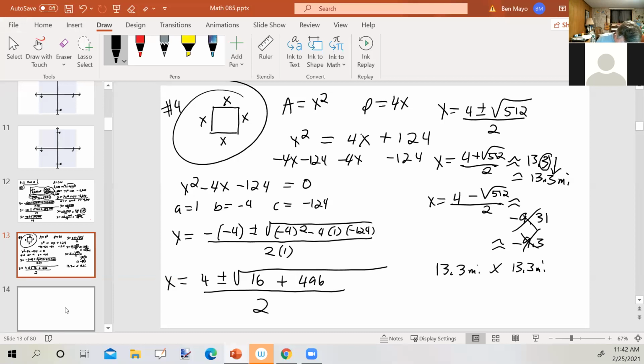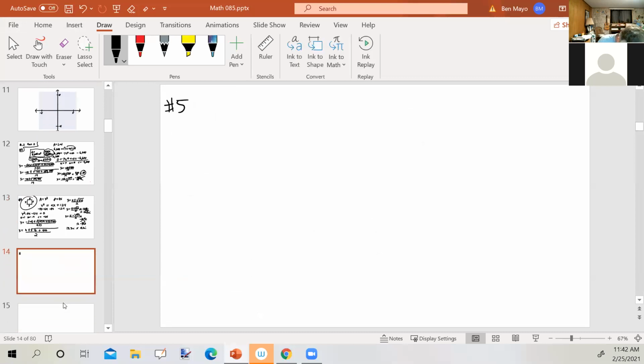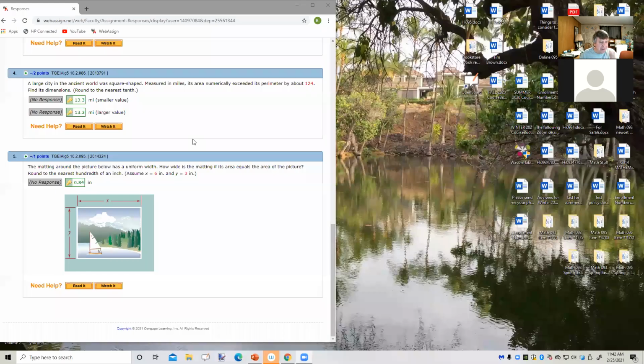All righty. Let's take a look at number 5. It says the matting around the picture below has a uniform width. So this width of this matting all the way around is the same distance.